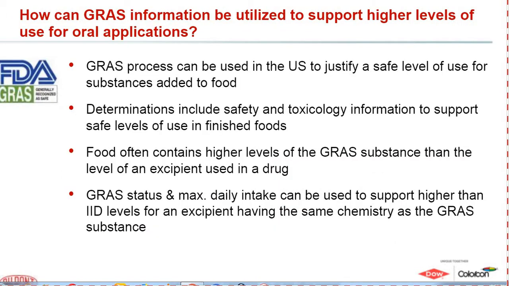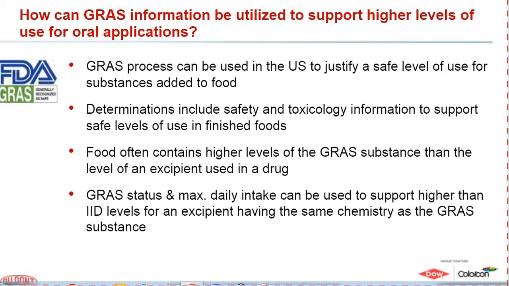Also, relative to oral dosage forms, we can look at information that comes out of the generally recognized as safe, or GRAS, process that FDA CFSAN has. This can sometimes be used to support higher levels of use for oral applications, because a lot of these materials that are GRAS are also substances that are added to food, and food obviously is a type of oral administration.